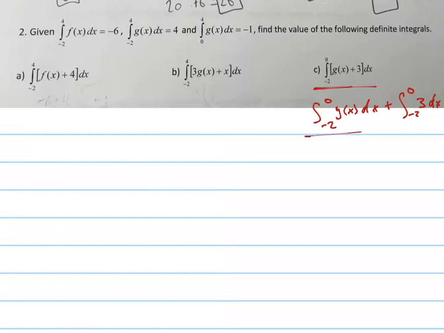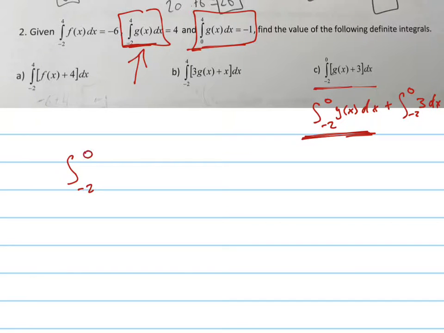Now, you could rewrite this as the integral from -2 to 0 of g of x dx plus the integral from 0 to 4 of g of x dx.